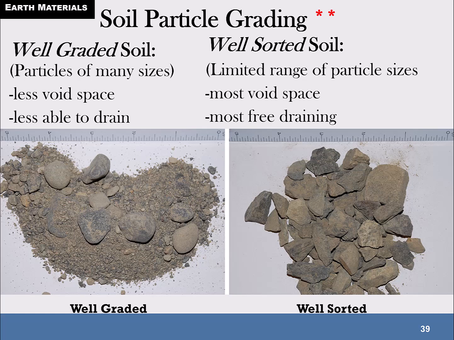Behind a retaining wall, you don't want water trapped behind your concrete. You want drain rock, and the definition of drain rock is basically a bunch of well-sorted, same-size particles. If you want sand for the playground, they don't want all that dust because they want the kids going home cleaner, so they'll use well-sorted sand, all the same size particles.